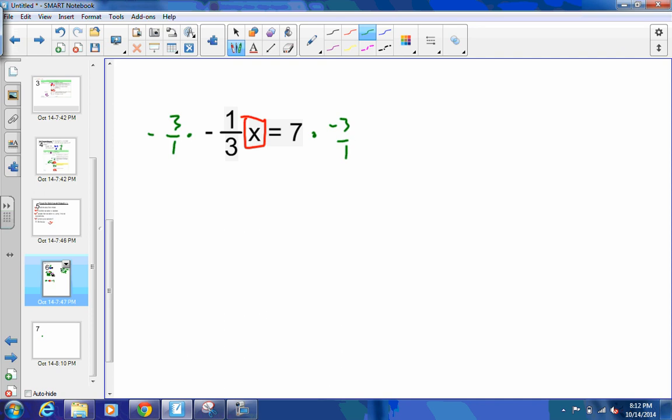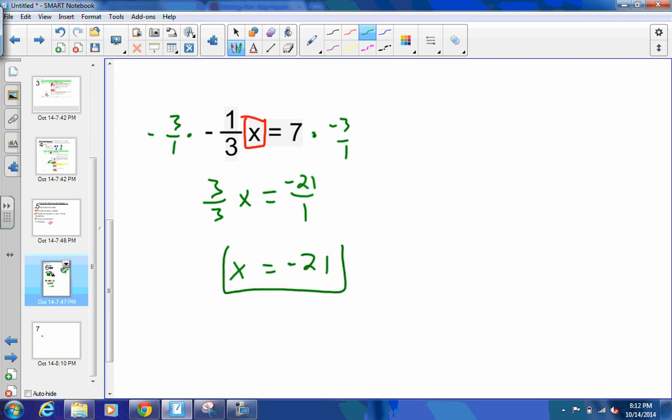The nice thing about that would be, because a negative times a negative makes it positive, 3 times 1 is 3. 1 times 3 is 3. X on that left side, because we're trying to isolate this x variable, equals 7 times negative 3 equals negative 21 over 1. Then we can just simplify 3 over 1 to 1, or just x. It's 1x. And that equals negative 21.